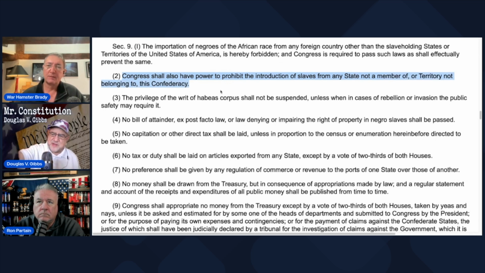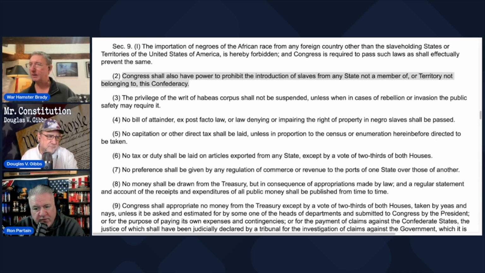So what that does is allow the transfer of slaves from Mexico and the Caribbean, while prohibiting the introduction of slaves from any state that's not a member of the Confederacy, meaning the United States. I think those two clauses really show what their attitude was towards slavery: we're not ready to give up on it, but we know it's on its way out.